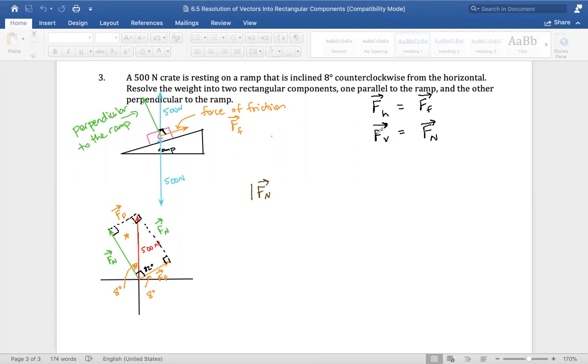And again, the normal force is really the vertical component. So my vertical component is equal to adjacent over hypotenuse, which is cos. So I have the cos of 8 degrees, which is adjacent, my normal force, over the hypotenuse, which is 500.